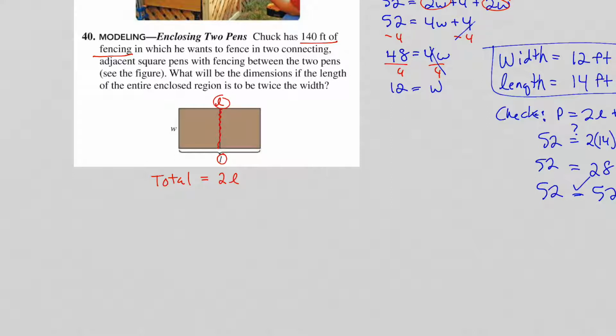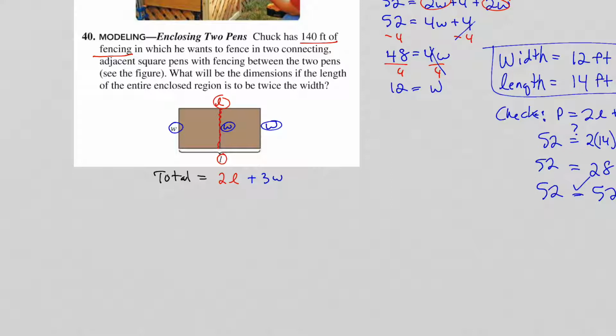Okay? And then the width, we have a width here and a width here, but it's not going to be 2W because there's another width right there. So we got 3 W's. Okay, so 2L plus 3W.